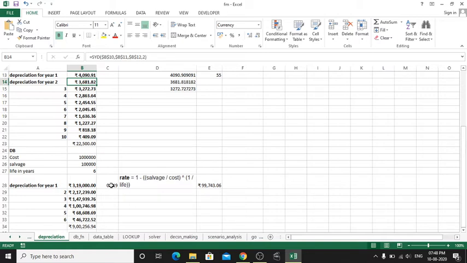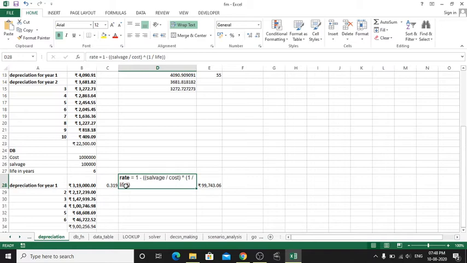This fixed rate is calculated using the formula 1 minus (salvage value divided by cost value) raised to 1 by useful life. So this is the formula we use to calculate the fixed rate in the DB function. Okay, I will explain it later.